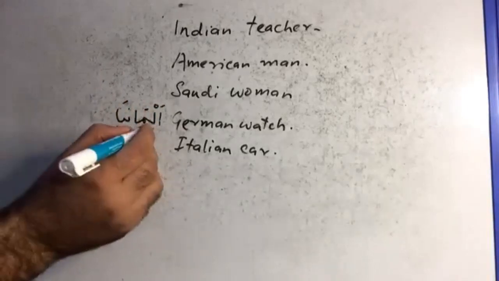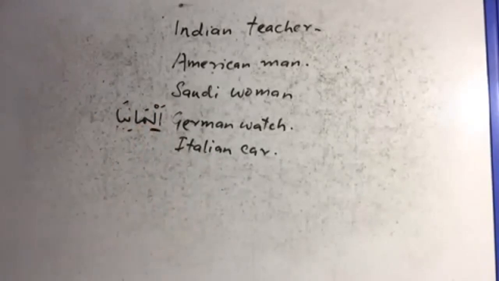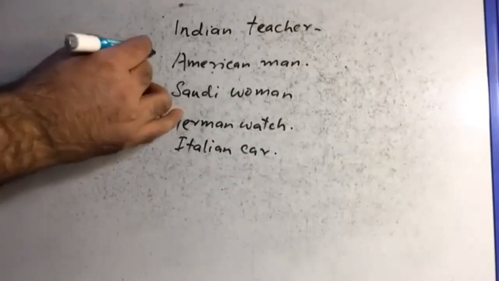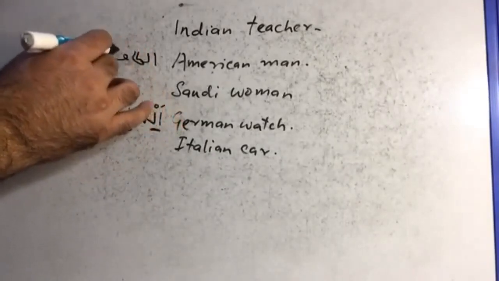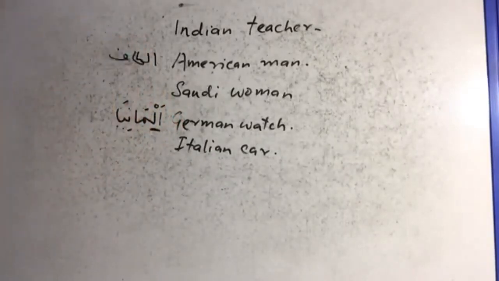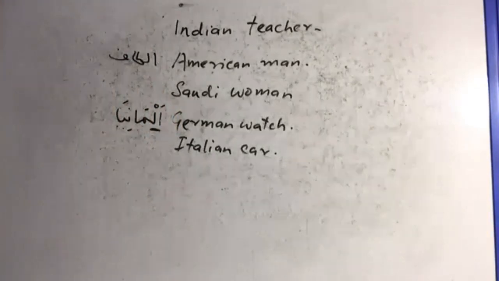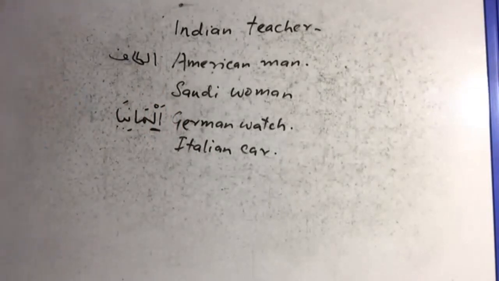This is not the alif lam that we have been using to make it definite. This is a part of the name. Like we have, for example, the name Altaf. Altaf doesn't mean that the alif lam is added to make it definite. It's a part of its name. In the same way, Germany is written as Almania.